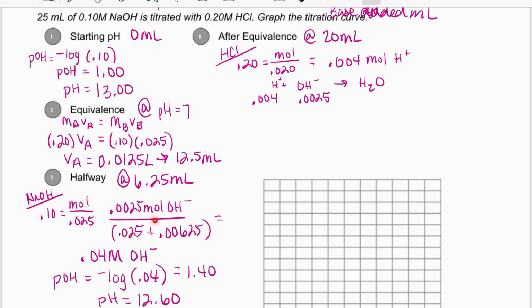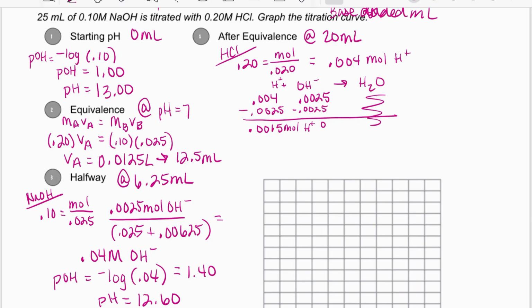That was right here that I found. Okay, so I know it's going to move forward, so we're going to subtract the smaller amount, the 0.0025. The water is a liquid, so it's irrelevant. So I'm going to be left with 0 moles of hydroxide and 0.0015 moles of H plus.